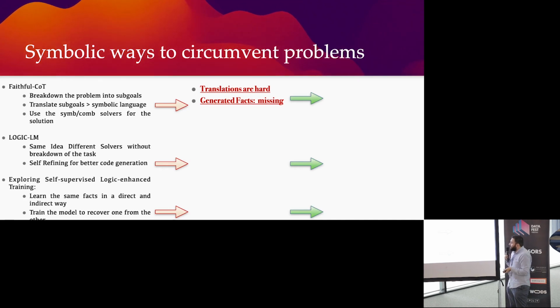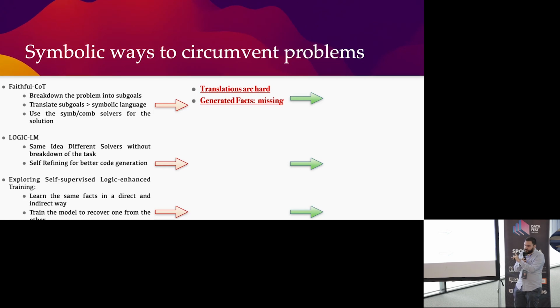So it's completely good. But one thing that's very bad about it is translations from natural language to formal language for programming is very, very hard. We'll cover that a bit more in depth a bit later. So generated facts can be missing.